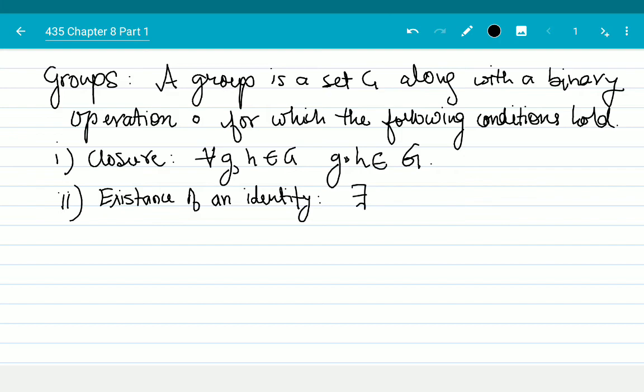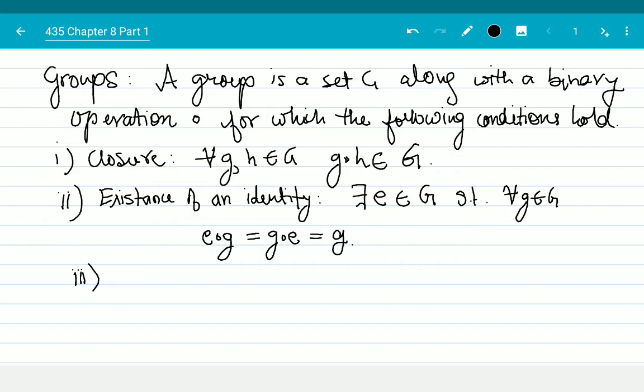There exists an identity element e belonging to G such that for every g in G, e composed g is equal to g composed e is equal to g. So the action of identity should not change anything.